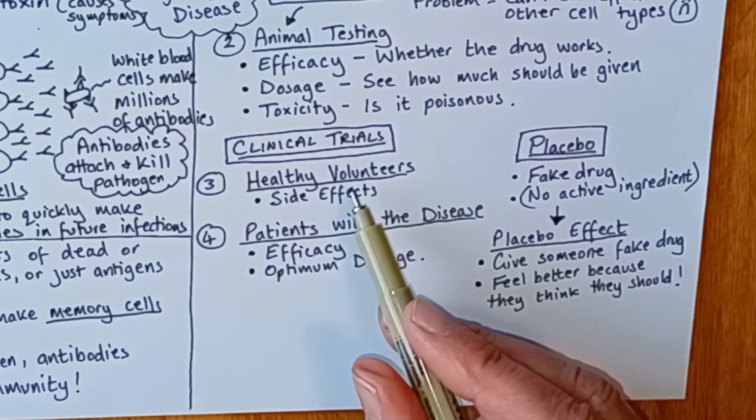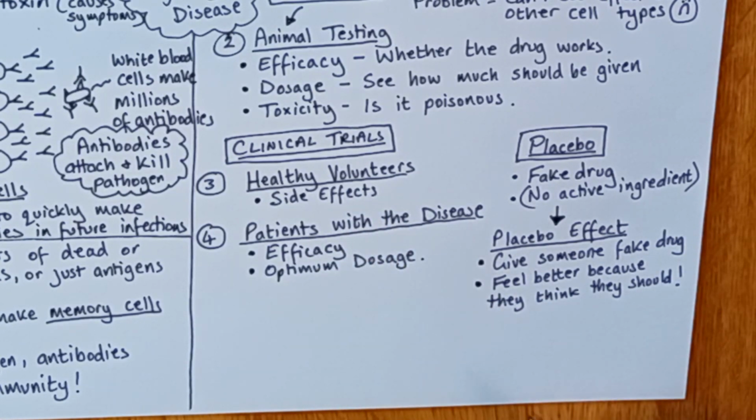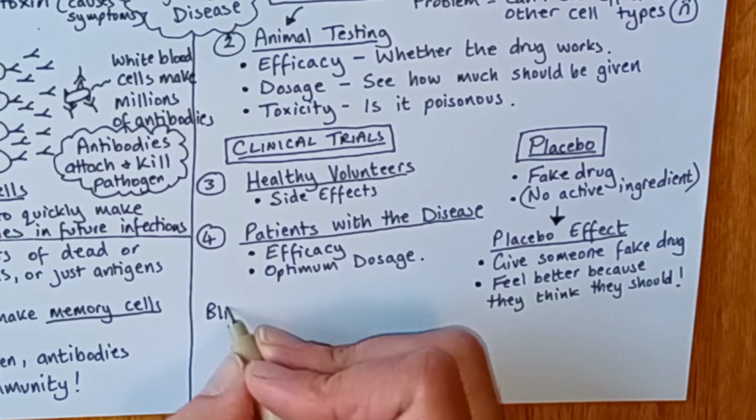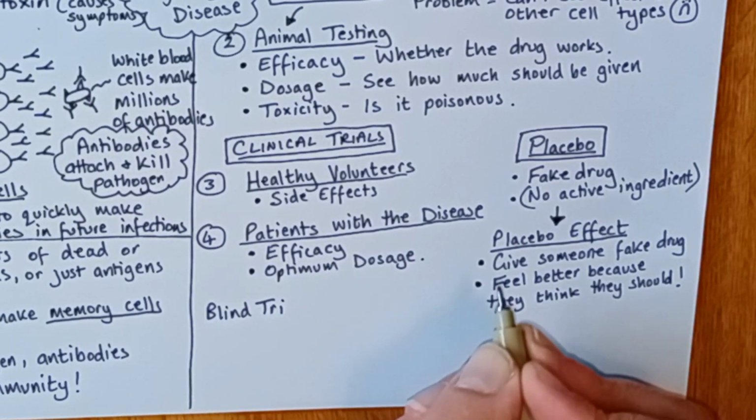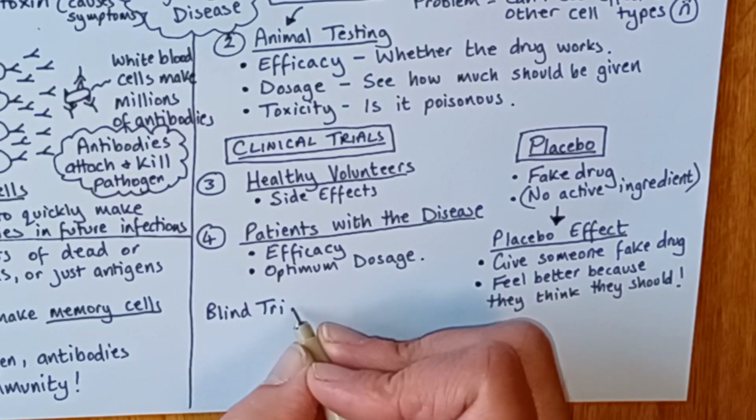drug trials, both on healthy volunteers and with patients with the disease, are often blind trials. So you give half of the volunteers a placebo, the other half the active drug, and you look to see if there's a difference between them. So blind trials are when the patients don't know if they've got a placebo or the real drug.